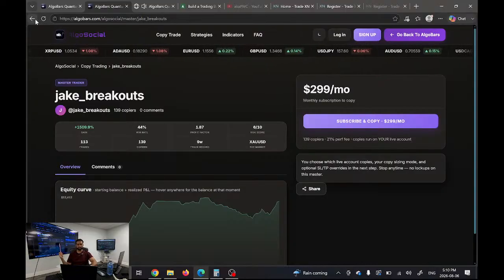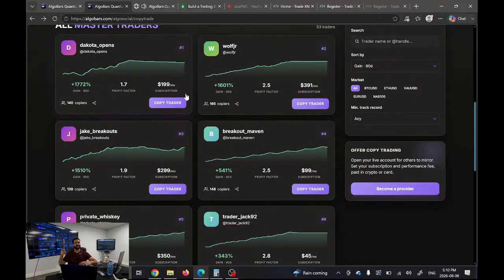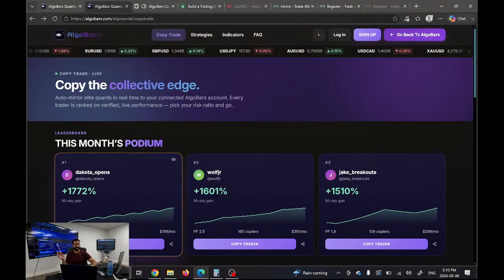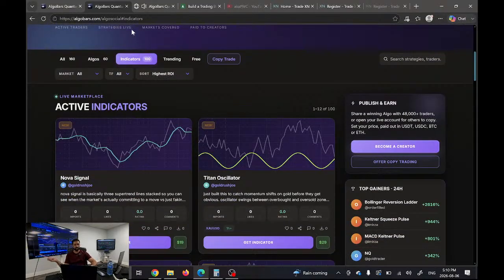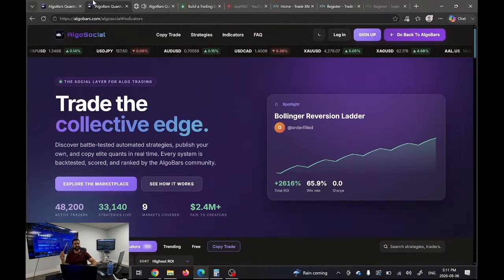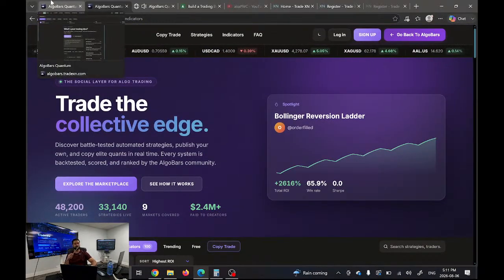But there's so many people that have their copy trade function, and the nice thing is it's all directly integrated into your AlgoBars account. Okay, so you fund your account, you can go get strategies, set up your copy trade, and if you have a large community, you can actually sell your strategies to them. Let's say you build nice strategies, you can sell it, that they can start using automated right away.